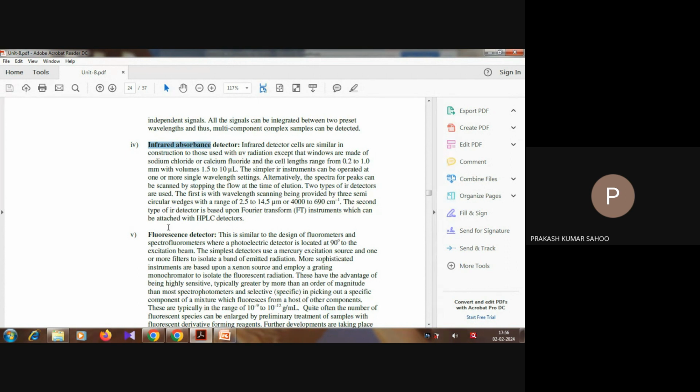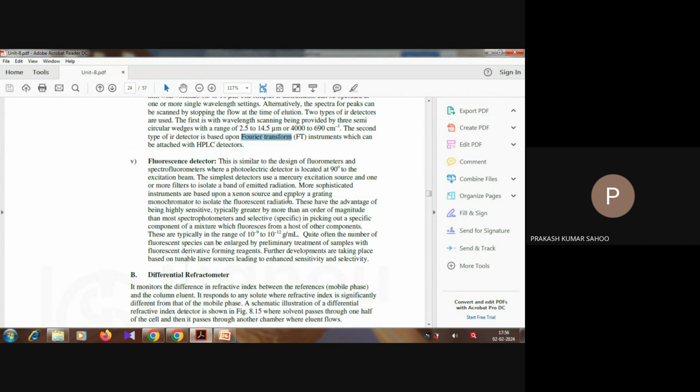Then the second type of IR detector is based upon Fourier transform, in short known as FTIR, that is Fourier transform infrared instrument. It is nowadays also integrated with HPLC for better analysis.